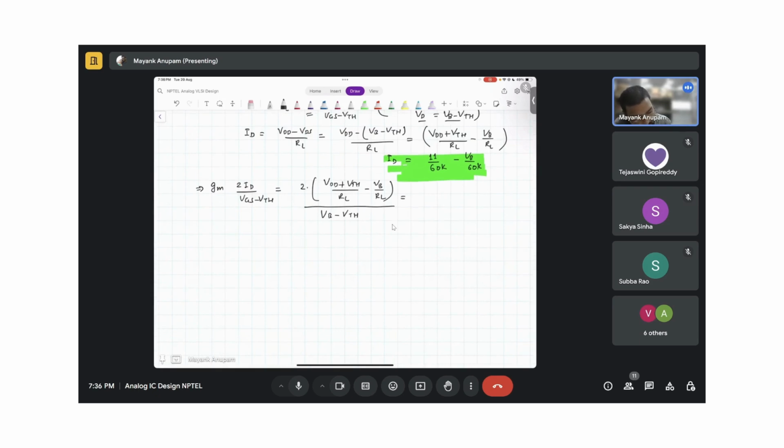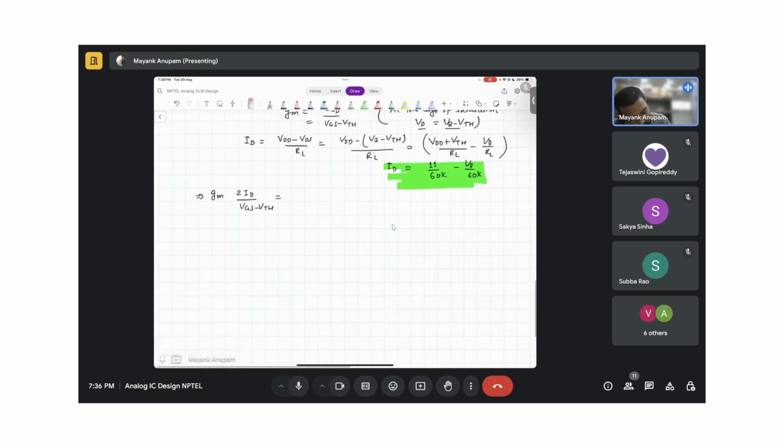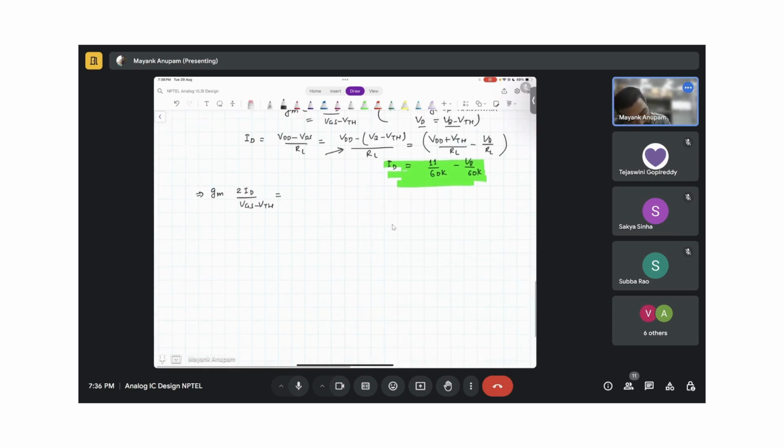This is equal to, a much easier step would have been, even simpler, using this value to replace. So 2 times VDD by RL minus VB minus VTH upon RL, divided by VB minus VTH.